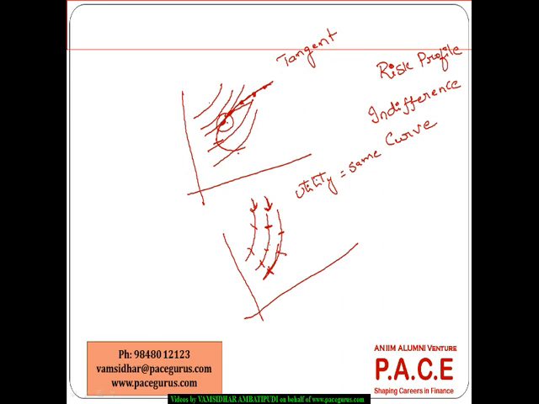That particular point is the combination of the desired risk and expected return for this particular investor to choose. And that is what is called the most efficient portfolio for this particular investor, given his risk and return profile.